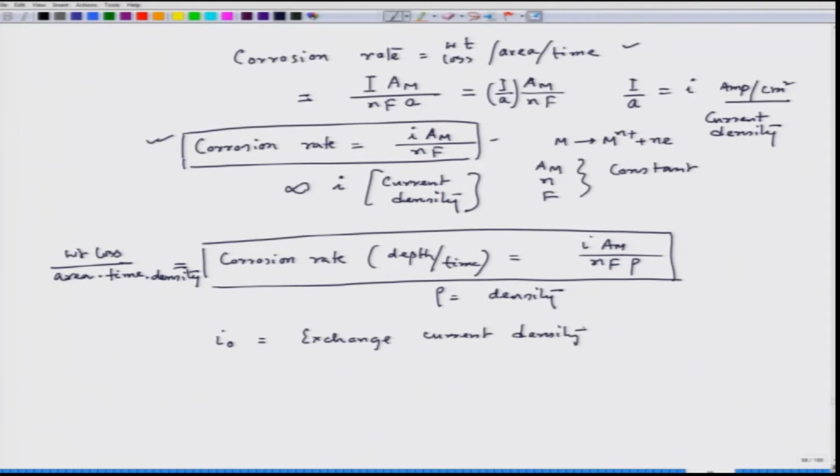It is a very fundamental aspect in electrochemistry as well as in corrosion, because while explaining corrosion in a more scientific fashion, we have to make use of mixed potential theory, and there this I 0 will be extremely needed, and this is a fundamental parameter.